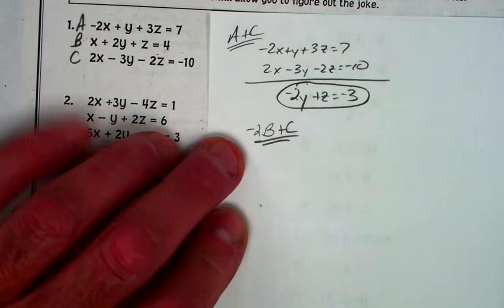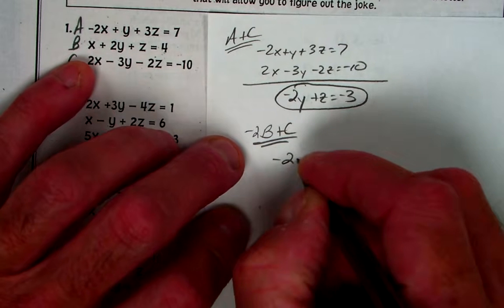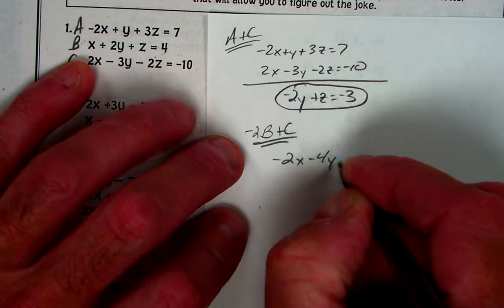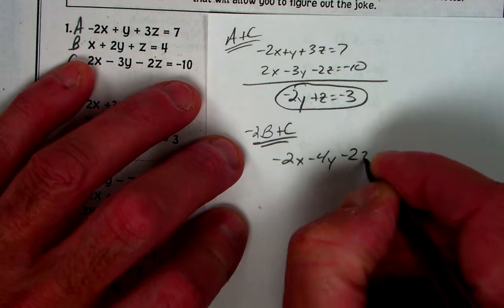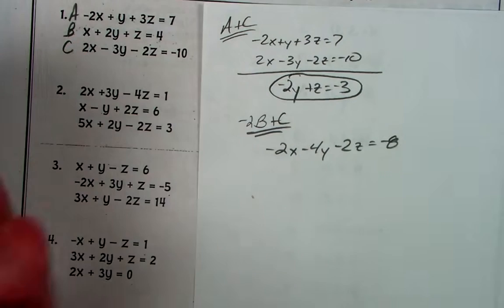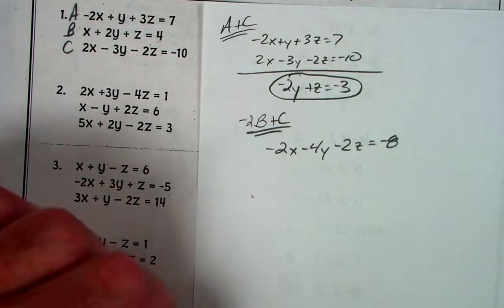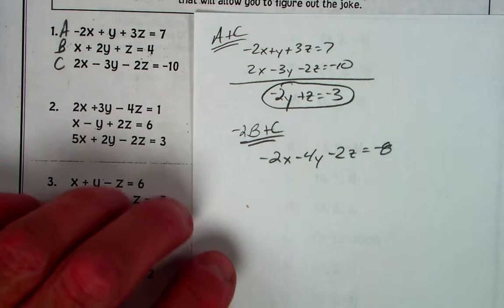So let's take negative 2 of B in our heads and we're going to write it down. Negative 2x minus 4y minus 2z equals negative 8. That's just like when we did elimination. We multiplied everything on B times negative 2.